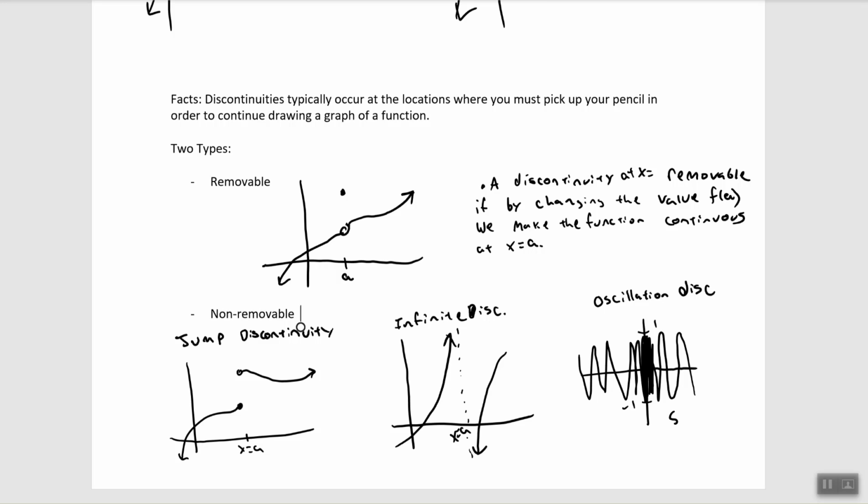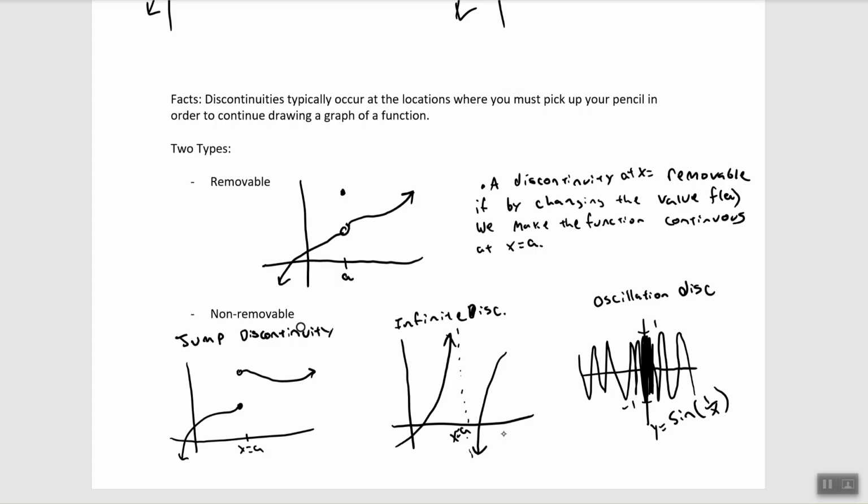This function in particular you could think of as sine of 1 over x, if you know what the graph of sine looks like. But these are a lot less common for you to deal with in your pre-calculus class.